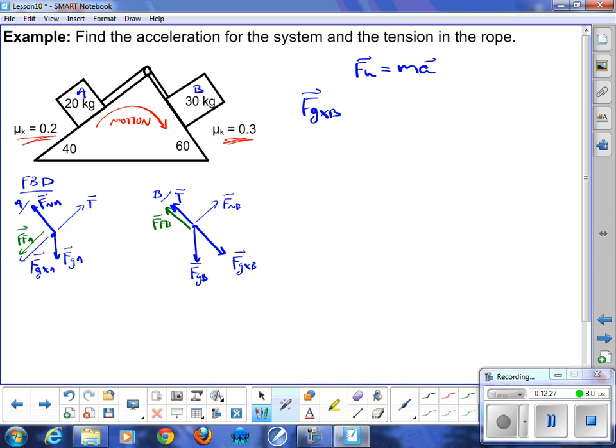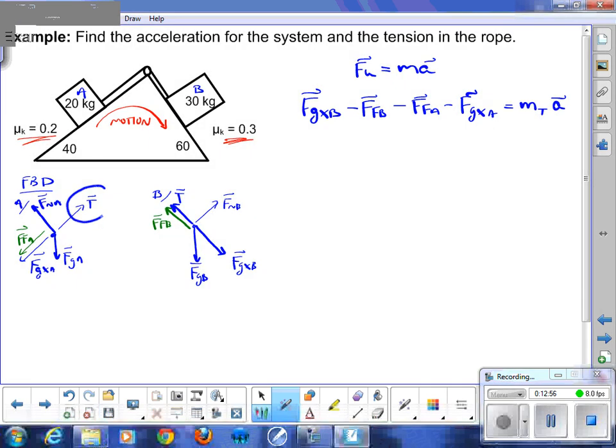So what is working against it? Well, force due to friction from itself, minus the force due to friction from object A, minus the force due to gravity from object A. And that's going to be my total mass multiplied by my acceleration. So there is the unbalanced equation. Now you'll note T is not in this at all.